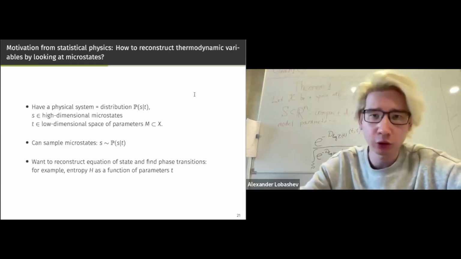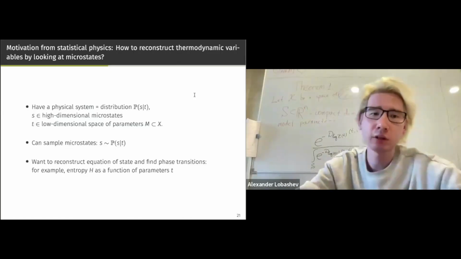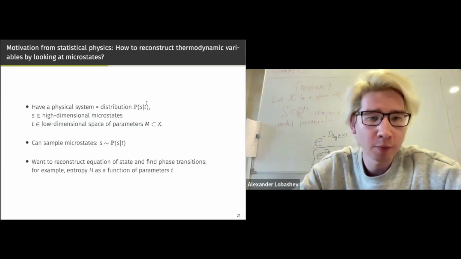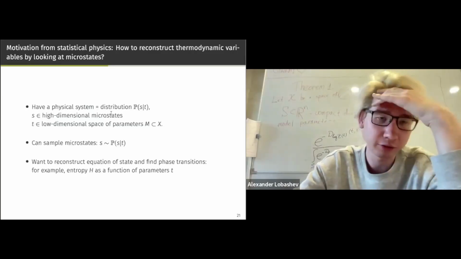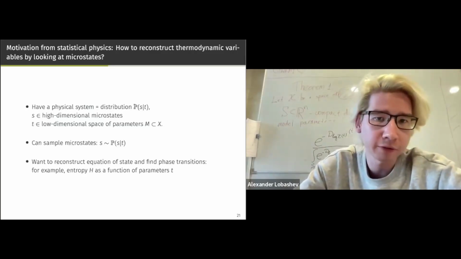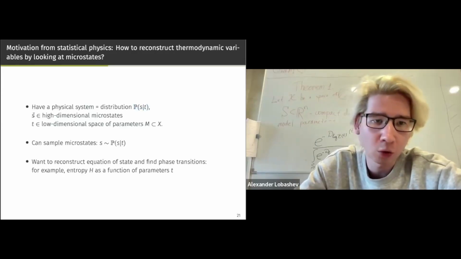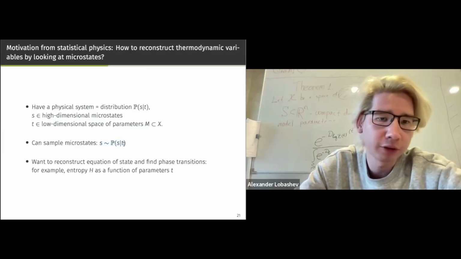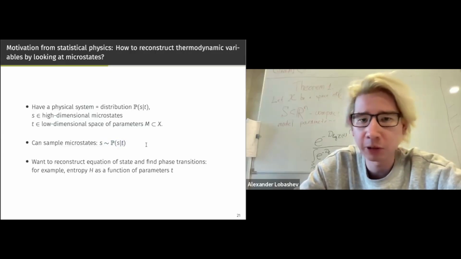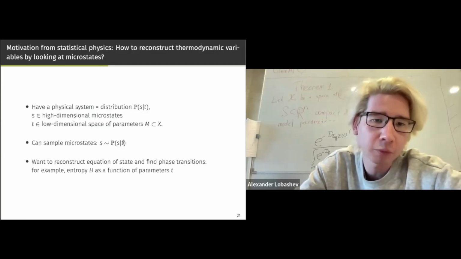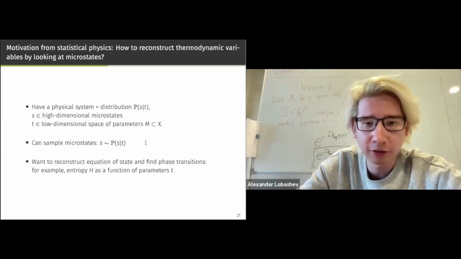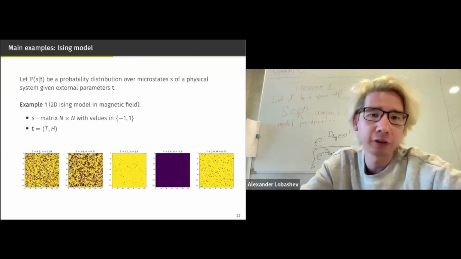Okay, I will talk about the exact loss a bit later, and here a quick remark about the relation with statistical physics. In statistical physics, we have a system which is a conditional distribution on some microstate S, parameterized by low-dimensional parameters T, and we can sample these microstates for fixed thermodynamic parameters. For example, in the case of the Ising model, T is a two-dimensional vector consisting of temperature and external magnetic field.